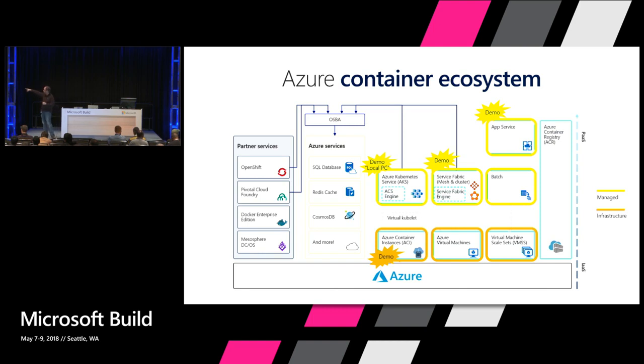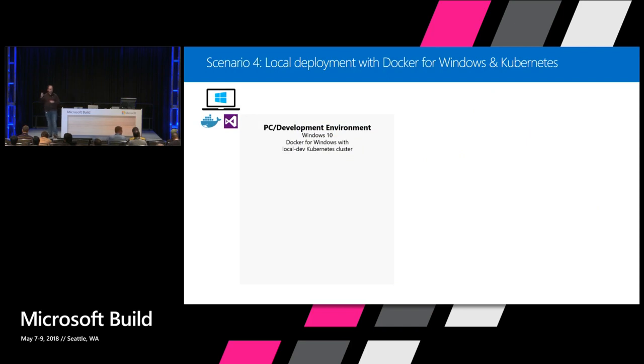So we're going to talk about those as well today, well, not batch, but the other three, and do a demo. And the first one would be Kubernetes, and we start the same way as previously.